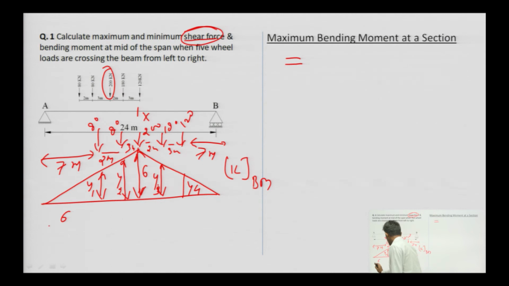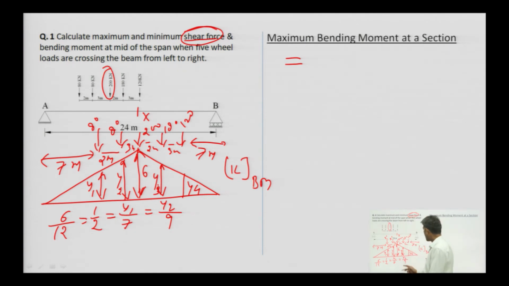Geometry means 6 by the entire distance, which is 12, that is 1 by 2, is equal to y 1 divided by this one distance, 7, is equal to y 2 divided by 7 plus 2, 9. So, the values of y 1 and y 2 can be calculated from here, right.